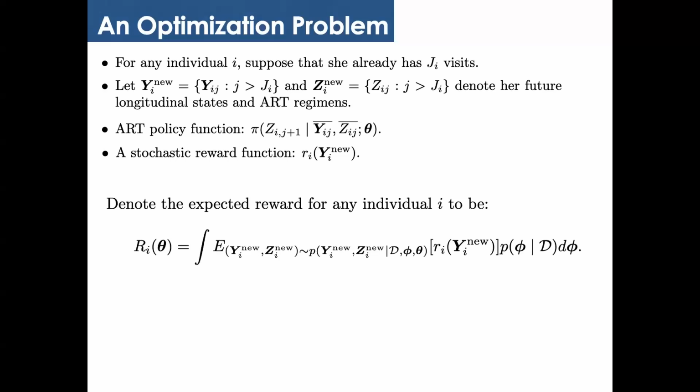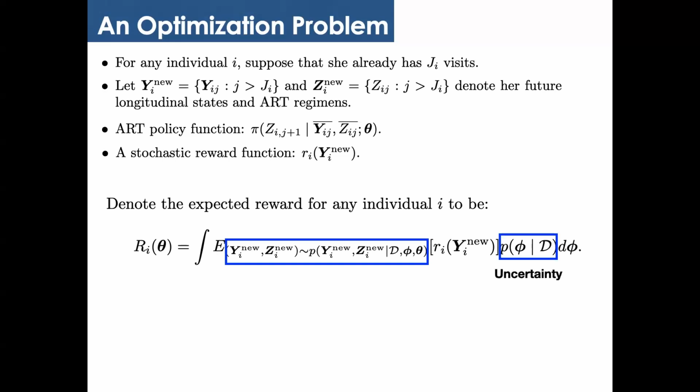And then we can represent the expected reward. So it's kind of reinforcement learning. You need a reward function. So now we have this expected reward for each individual. And this expectation is taken over all the possible realizations of the future states because we don't observe them. So if we have a model, we need to integrate out all the possibilities. So the expectation is taken over y nu, z nu, and also this p phi conditional on d.